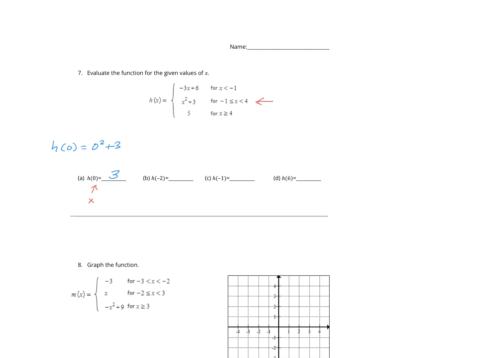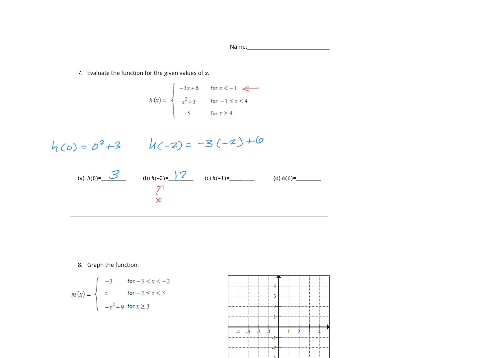For the next one, I now look at taking h of negative 2. Well, negative 2 satisfies the first of the inequalities because negative 2 is smaller than negative 1. So in this case, I'm going to have h of negative 2 being negative 3 times negative 2 plus 6.